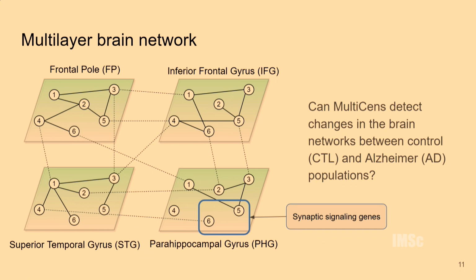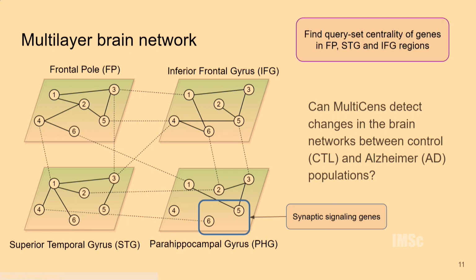And here our idea is, if we know some query set of genes, in this case synaptic signaling genes, is there any change in the topology of other genes present in this multilayer network between control population and AD population?